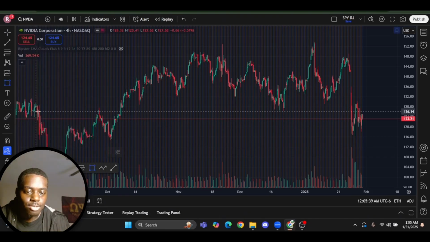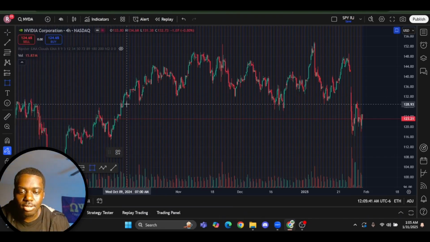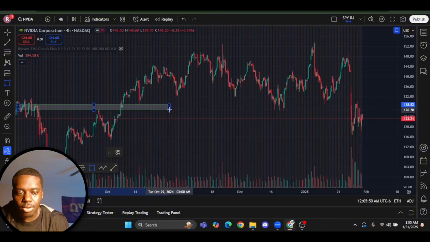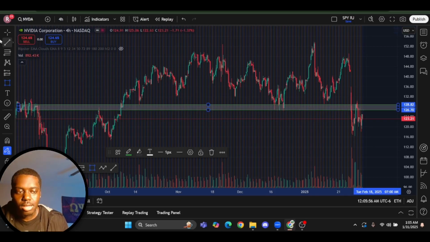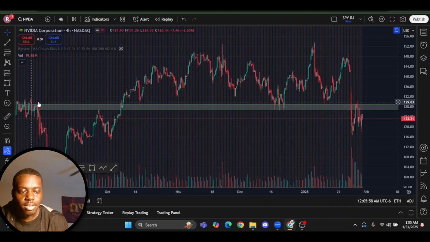One of the basic concepts you have to know is levels or support or resistance, right? So if you look at NVIDIA here, I can even go back way over here. You can see that this area has been a key area.